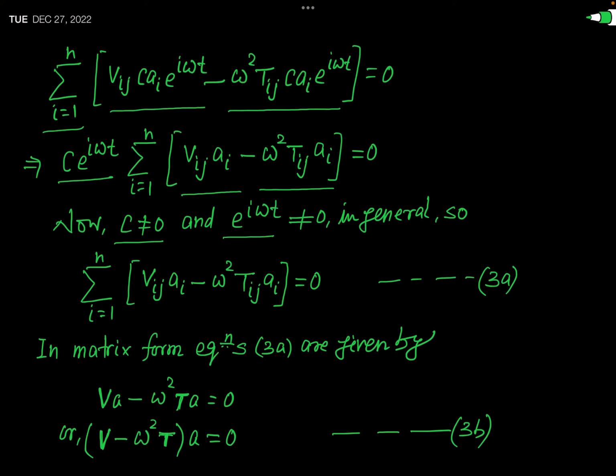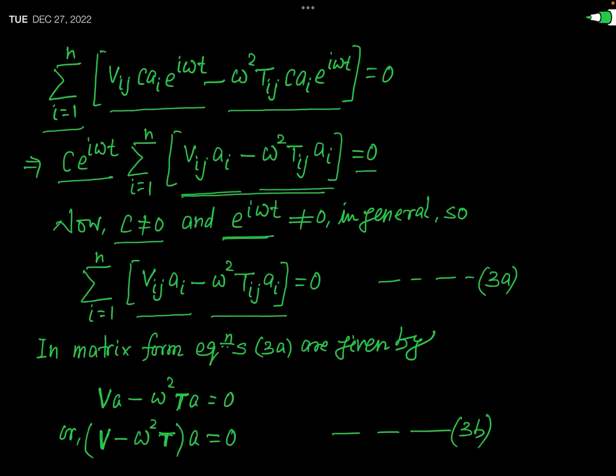So it may be 0 or may not be 0. In general, you can say that e to the power i omega t is not 0. But our result is 0. So definitely the second factor inside the square bracket with the summation must be 0.